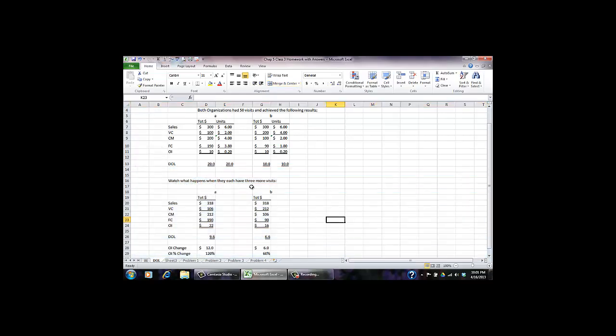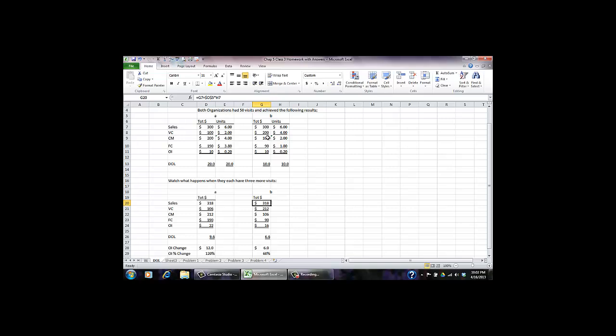What happens when they each have 3 more visits? Well, look at organization A and organization B, each have 3 more visits at $6, so it gives them more revenue, each the same amount. So now they have 318. The variable costs are $2 times the 3 additional visits, which means an additional $6. So we go from 100 to 106.